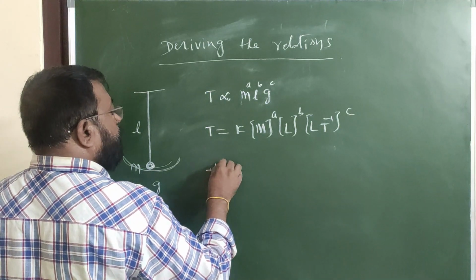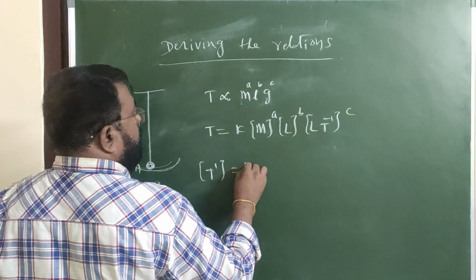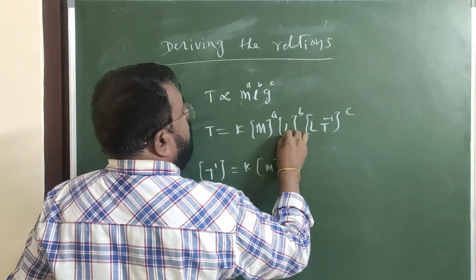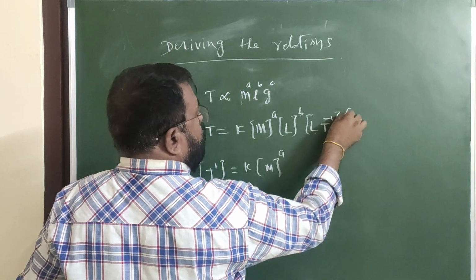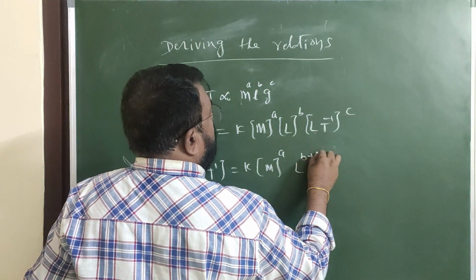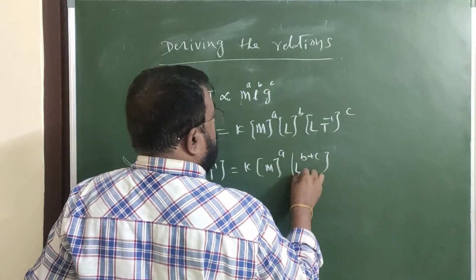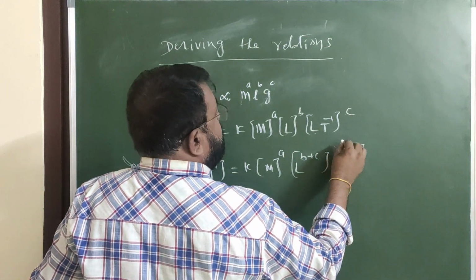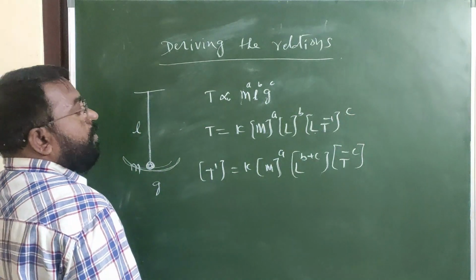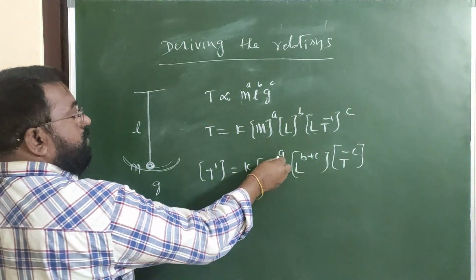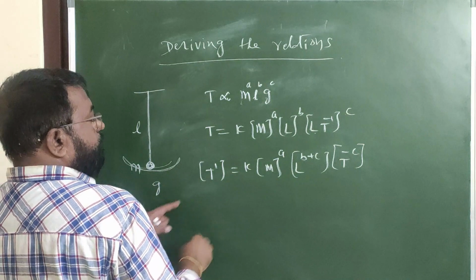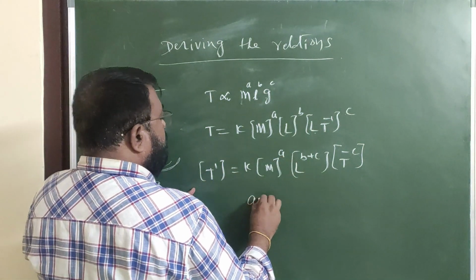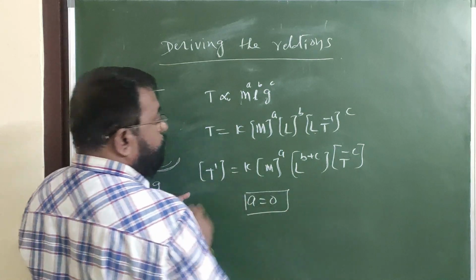Therefore, T to the power of 1 becomes k into M to the power of a, L to the power of b and L to the power of c, therefore L to the power of b plus c, and T to the power of minus 2c. When you compare the powers of these dimensions on both sides, here is M, but on the left side M is not there. Therefore, a is equal to 0.